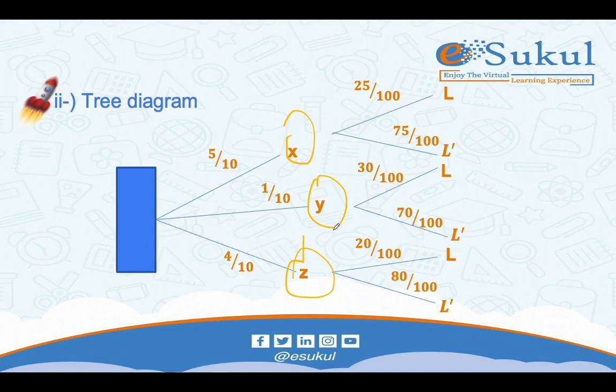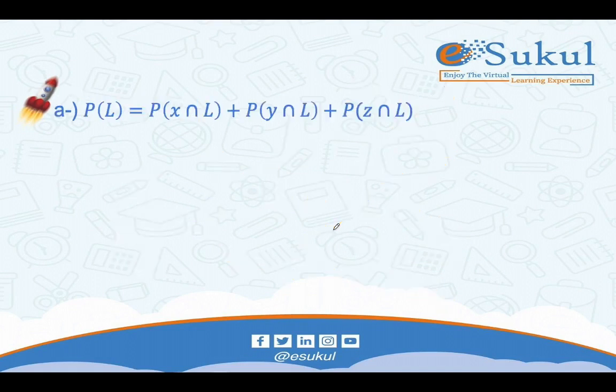The first task is to find the probability that the man will have lunch. Having lunch, we don't know whether he takes it from restaurant X, Y, or Z. So by union, by OR, we have plus here and plus.